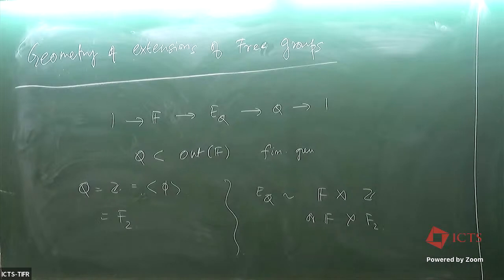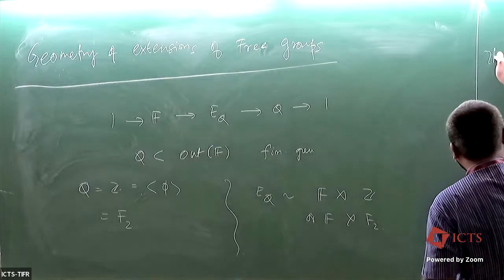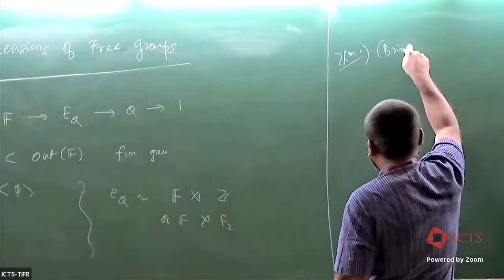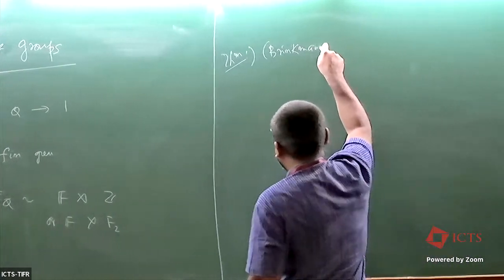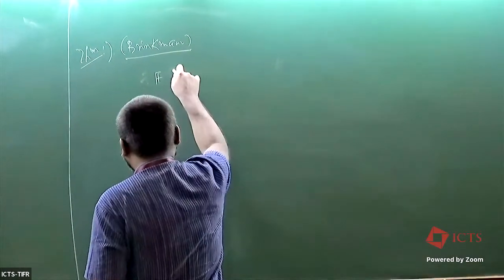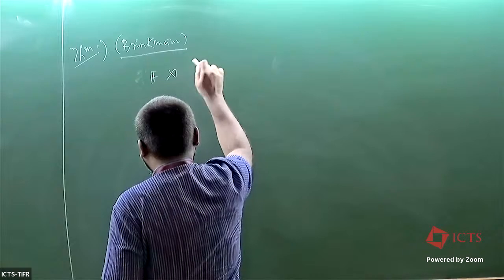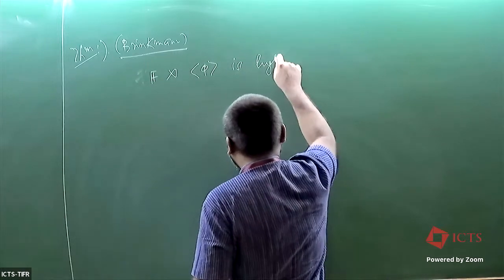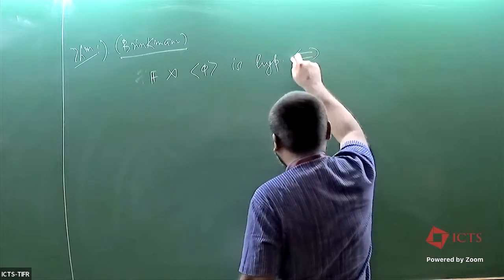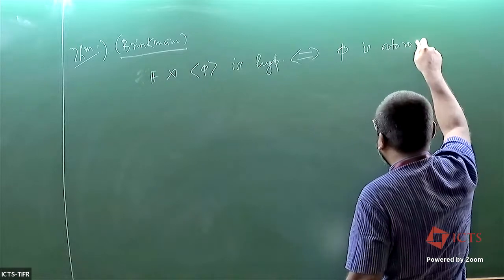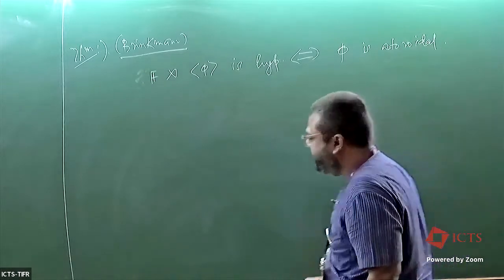So one of the well-known results is due to Brinkmann: that F semi-direct product Z is hyperbolic if and only if phi is atoroidal.